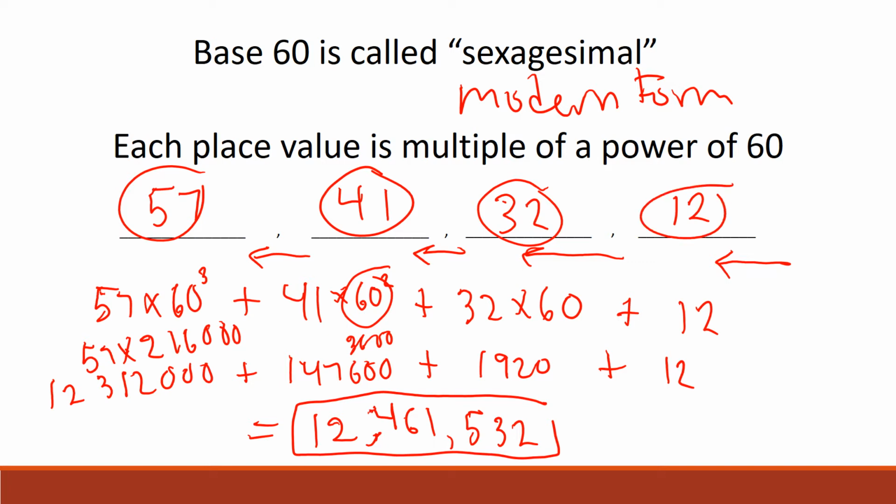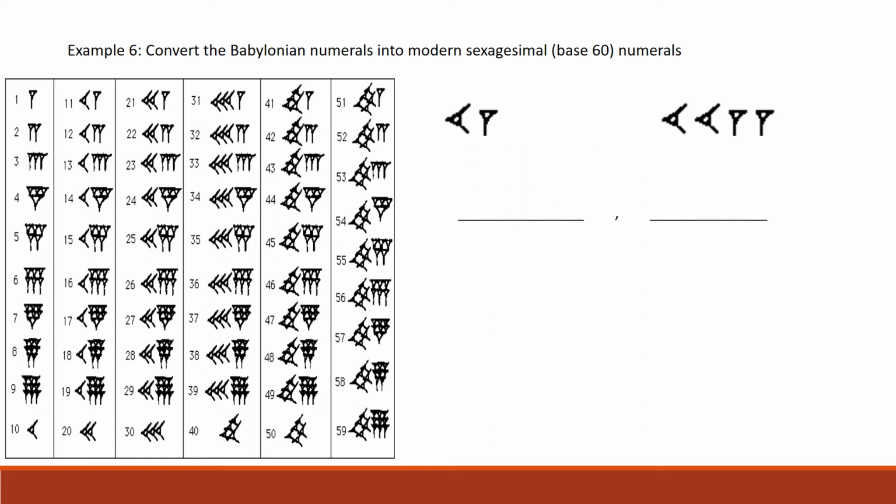In the Babylonian, each of these symbols, 1 through 59, is represented by the table that I'm going to show you in the next example. So example 6. Remember, we did 5 examples in part 1, so I'm picking up where we left off.